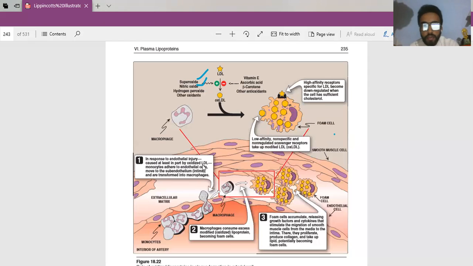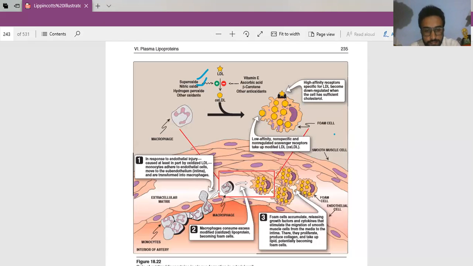And we know when the blood vessel is injured, the monocytes and other cells come into that place and take care of that place. Then monocytes adhere to endothelial cells, move to the subendothelium, and are transformed into macrophages. So this is the first step.